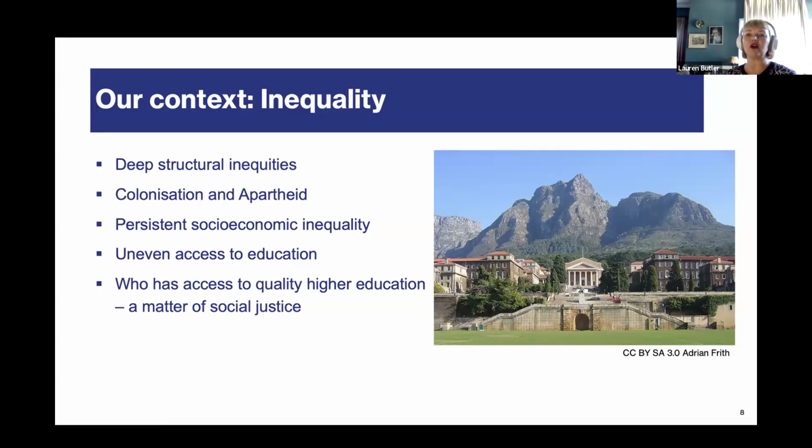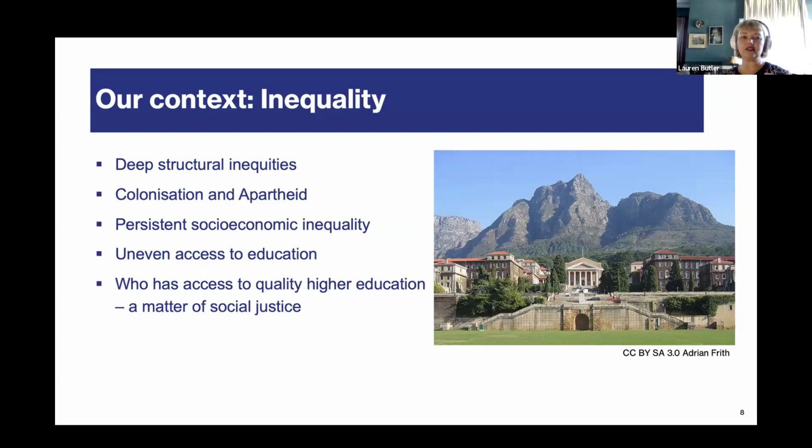In terms of our context and our history, South African higher education operates inside a very complex landscape with deep structural inequities. These are rooted in colonization and apartheid, and then also compounded by persistent socioeconomic inequality, causing uneven access to education throughout a child and young adult's school career across the student population.